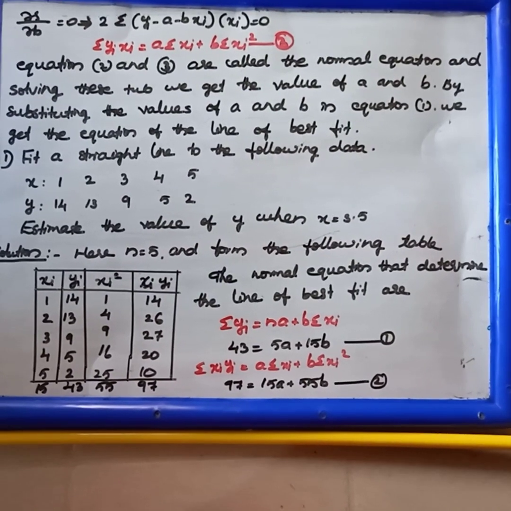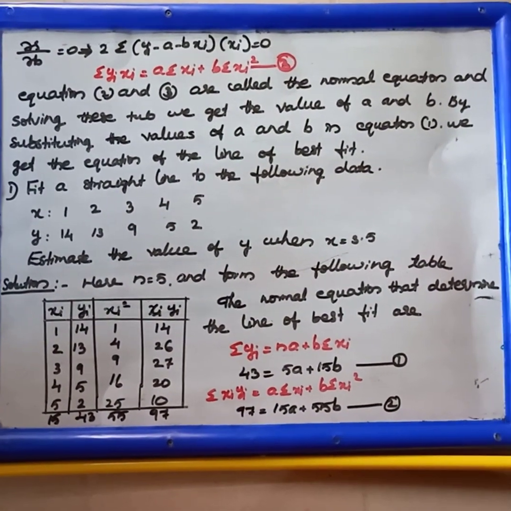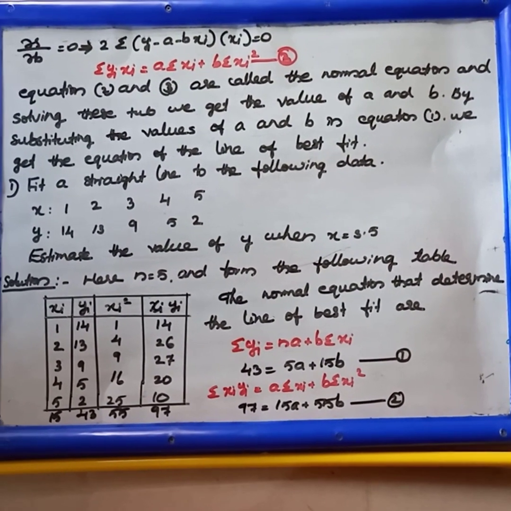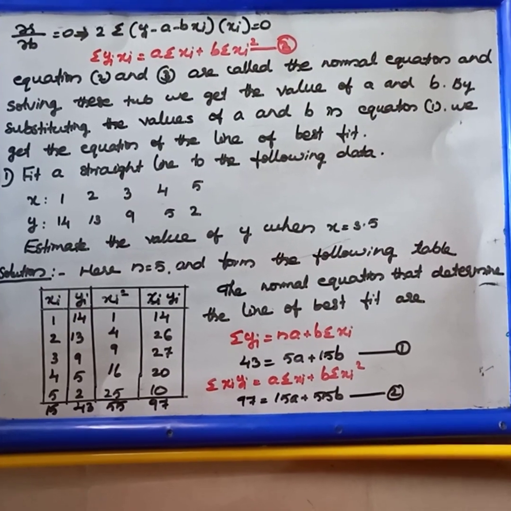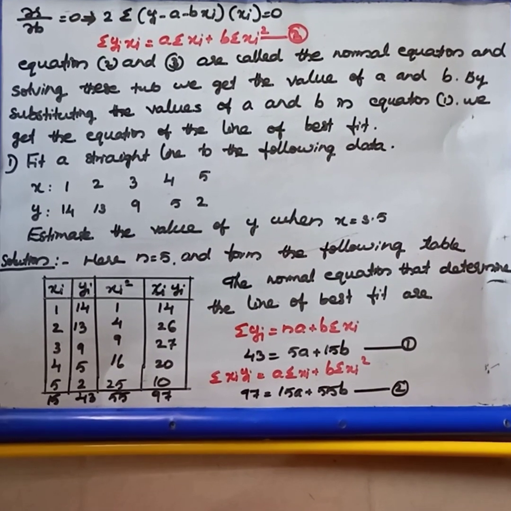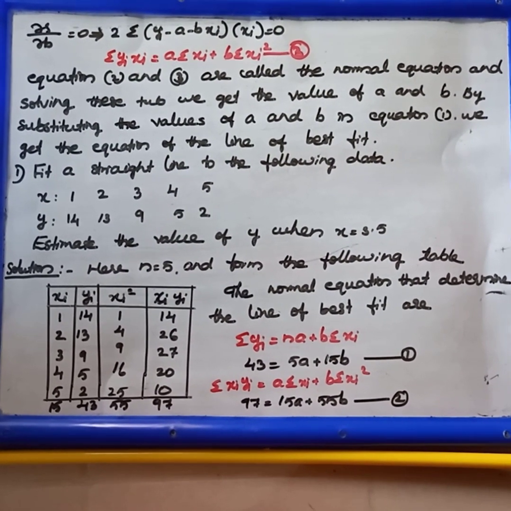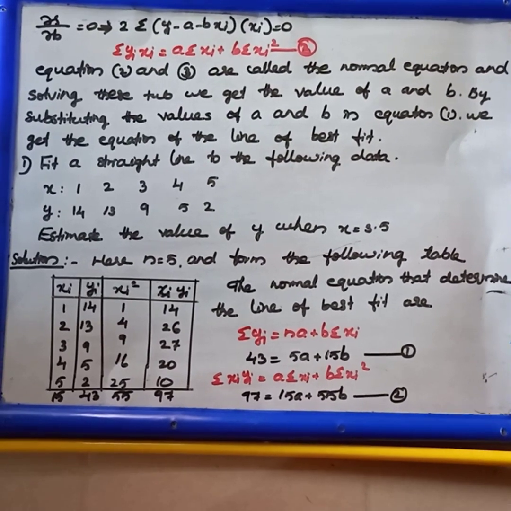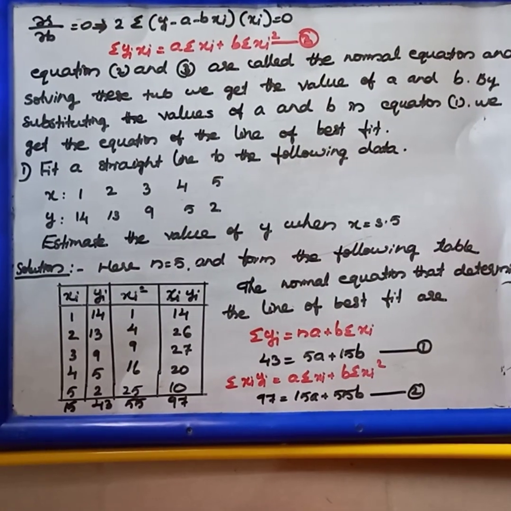Substituting summation yi and summation xi, we get 43 is equal to 5a plus 15b. Then the second equation, summation xi yi is equal to a into summation xi plus b into summation xi square. Substituting summation xi yi is equal to 97, summation xi 15 and summation xi square 55, we get 97 is equal to 15a plus 55b.